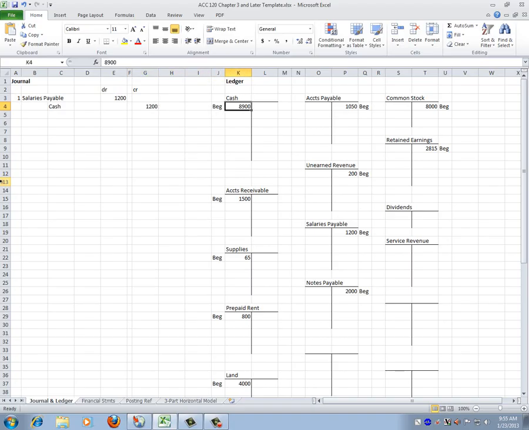So at some point we have to post each journal entry, at least if we're taking time in real life to do so, which in real life we always would. And posting is a mindless rote process. It should require no thought. We're simply transferring from the journal, our book of original entry, where we first record each transaction, to the affected accounts in the ledger.